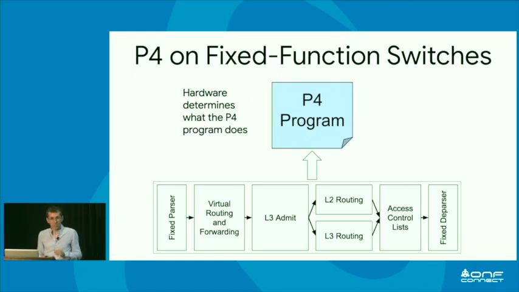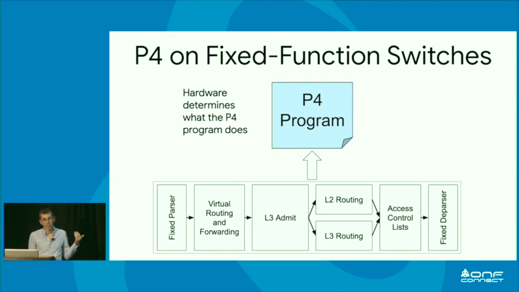Now, at Google and in many places, there are still a lot of fixed function switches. And so if you want to use P4 in a setting like that, then the switch is going to look something like what I have on the slide here, where you have a fixed parser and then a relatively fixed pipeline. Maybe there's some L3 and L2 routing, there's some access control lists, and so on. And if you want to use P4 in a setting like this, then one thing that you might do is use P4 to describe exactly what this pipeline does.